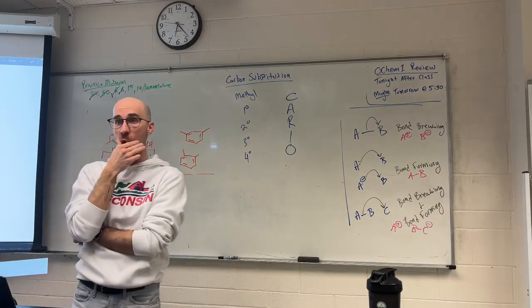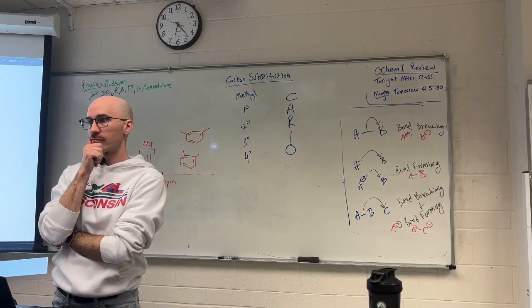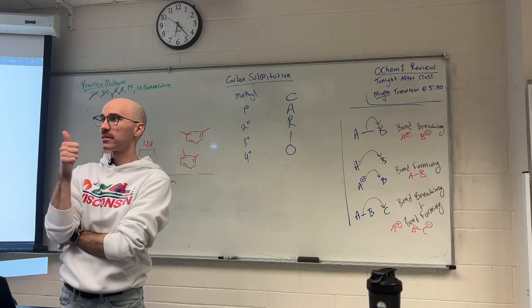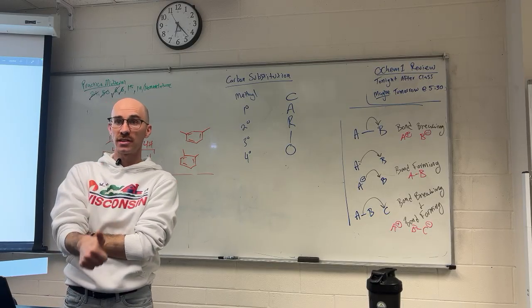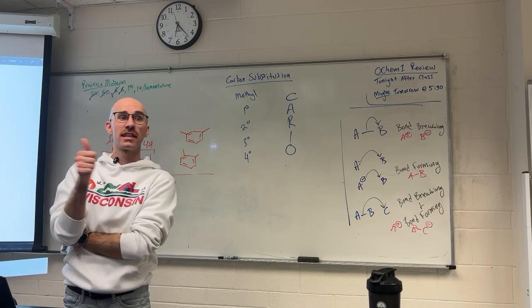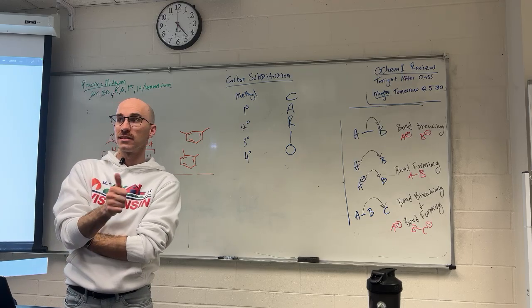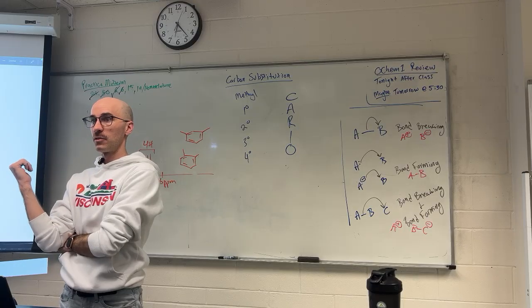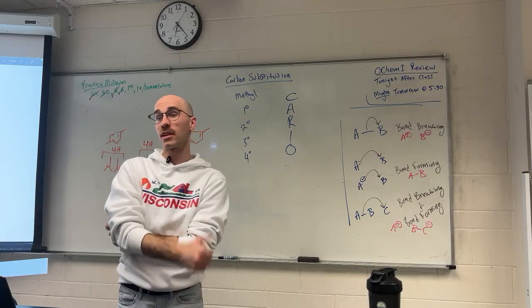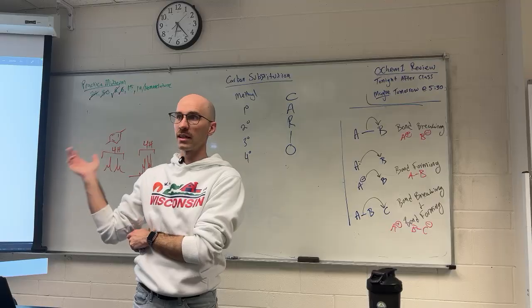Or are they equal? Resonance always stabilizes. So the conjugate base with resonance is more stable. The more stable conjugate base is less likely to reverse itself and become the acid, which means the more stable conjugate base comes from the more acidic atom.